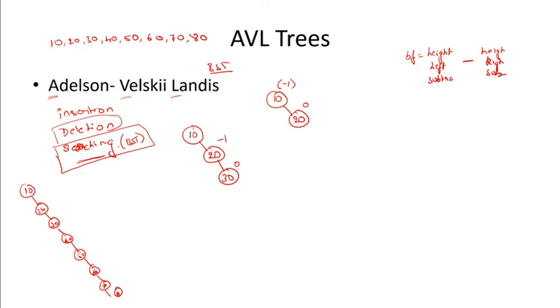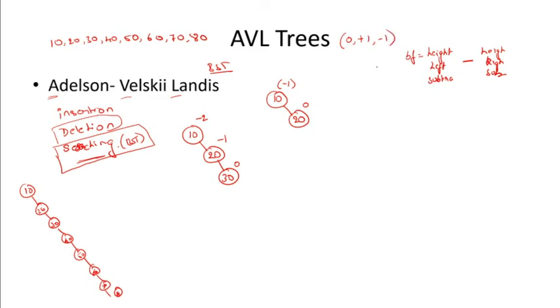Balance factor of 10: 0 nodes on the left, height 2 on the right, which means 0 minus 2, which gives you minus 2. Right?